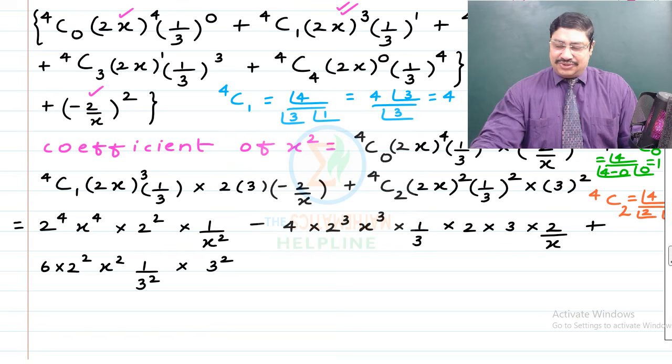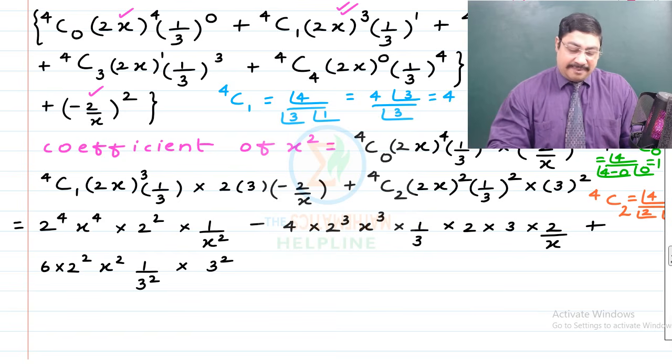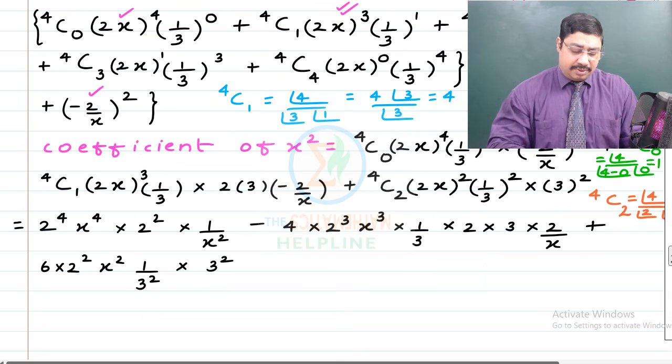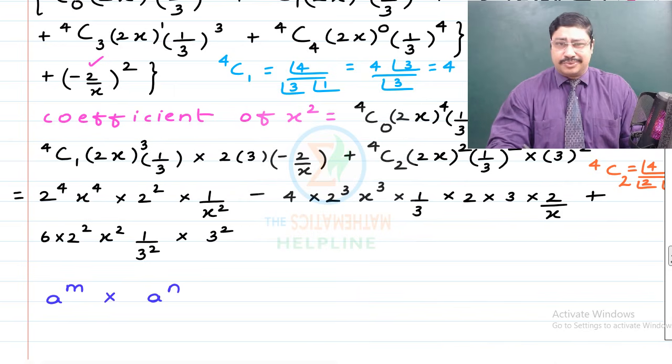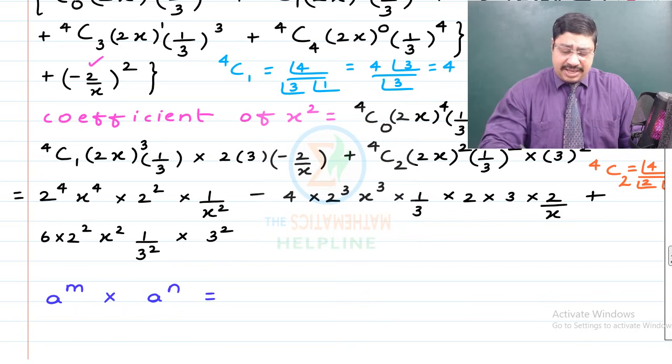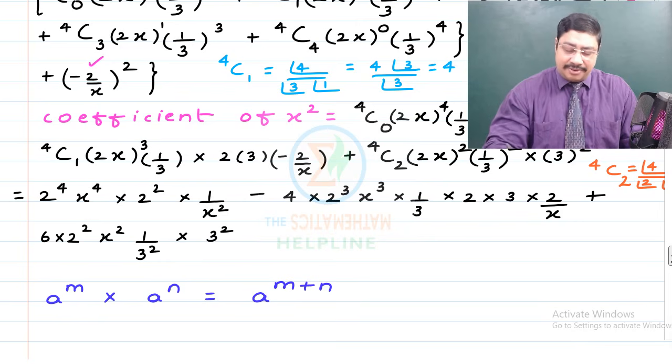Okay, so to simplify, we see here that we have some rules of indices which are applicable, which I'll quickly discuss with you. So if you have some a raised to the power m which gets multiplied with a raised to the power n, what is that equal to? This is the product rule of exponents. Very correctly said, Sir Vijit. That becomes equal to a raised to the power m plus n, right?